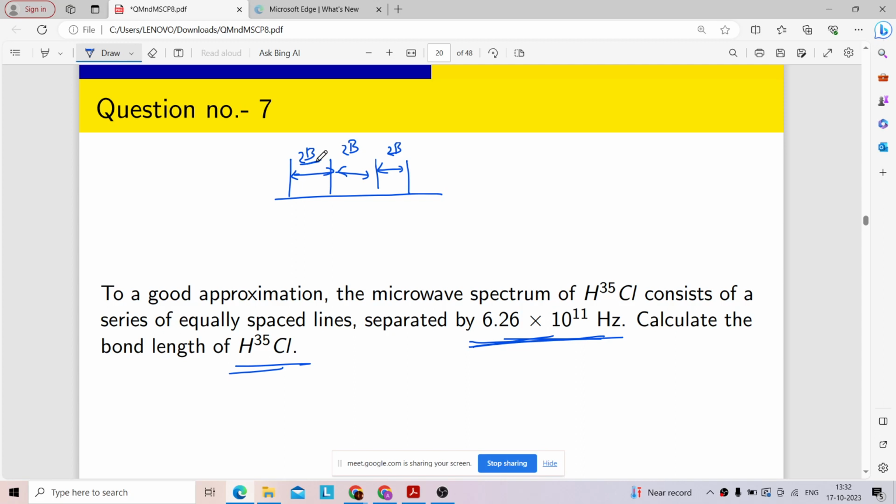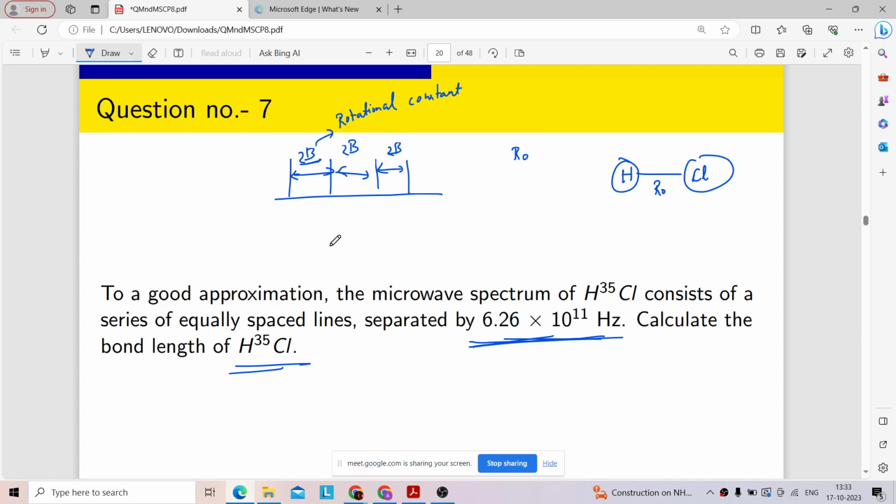Okay, so what do we have to calculate? The bond length r naught. B is the rotational constant, right?